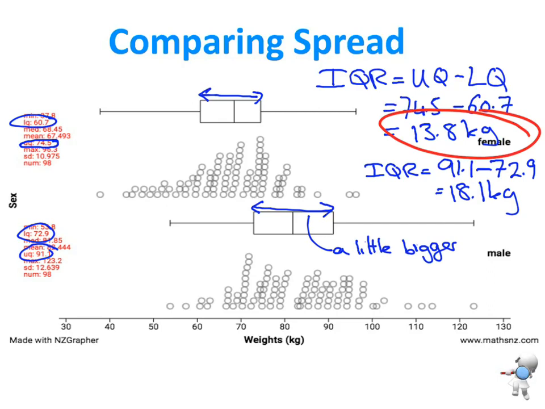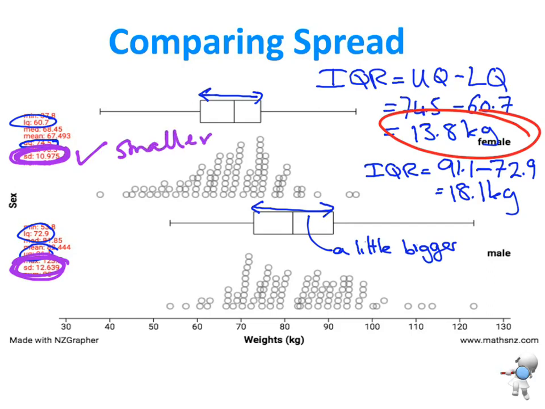Now, the other thing that I could look at was the standard deviation. If I look on the side here, we can see our standard deviation for our females is 10.975, and our standard deviation (SD) for our males is 12.639. So that again tells me that the spread of the females is smaller than the spread of the males.